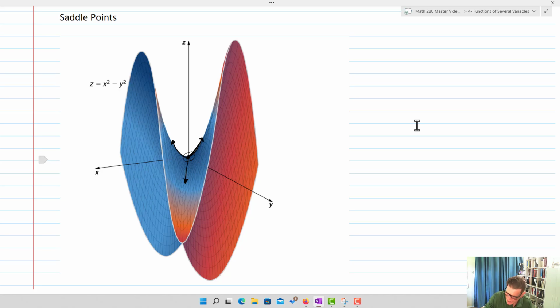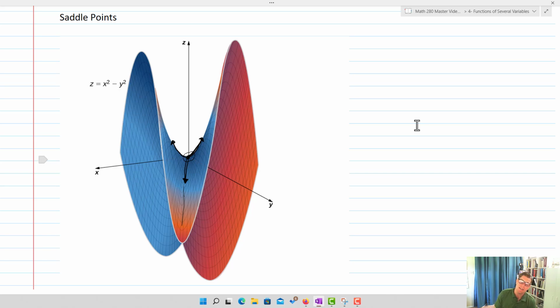If you look at that point, it moves downward if we go along the line y equals x, and it goes upward if we're moving in the direction of the x-axis. So it's not actually a maximum or a minimum by definition. It's what's called a saddle.